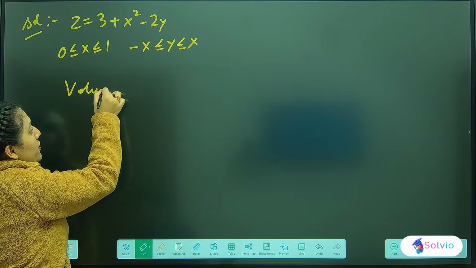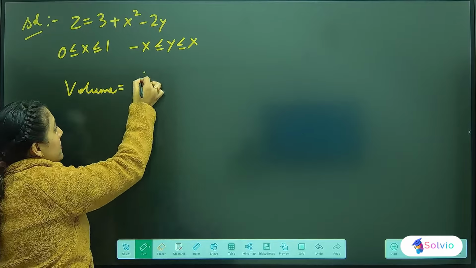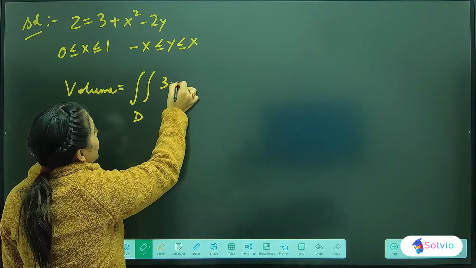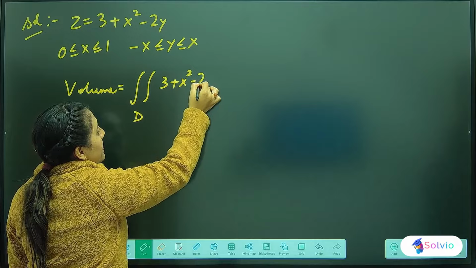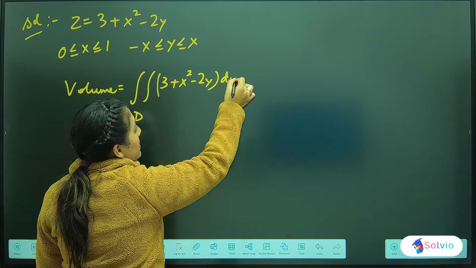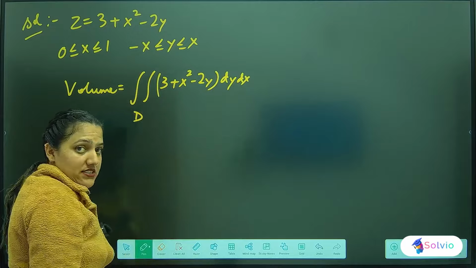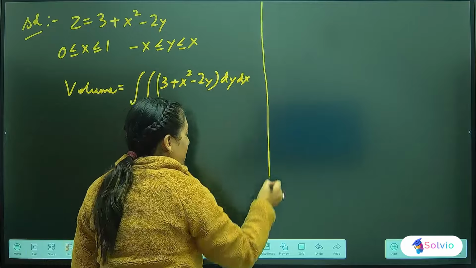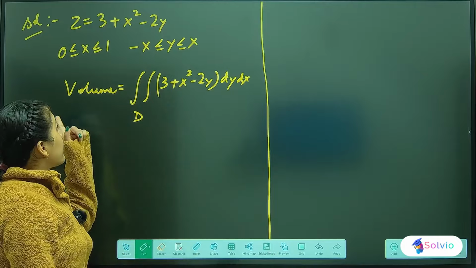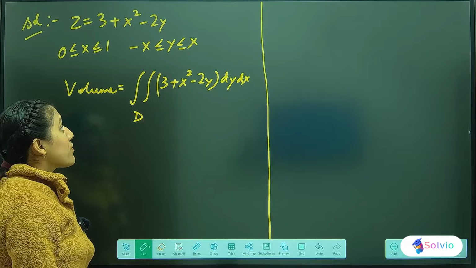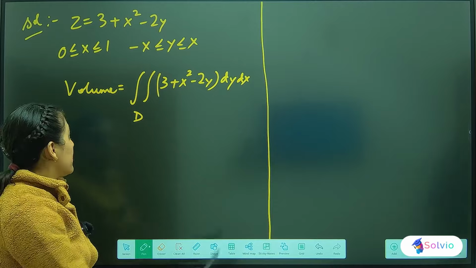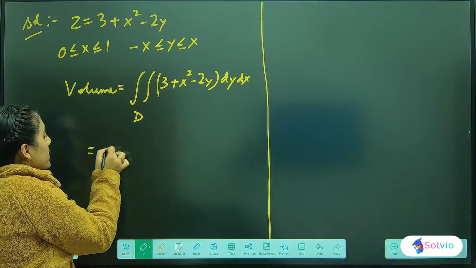Volume is equal to the double integral over the region D of (3 + x^2 - 2y) dy dx. Our region D is where x varies from 0 to 1 and y varies from -x to x, so let's put in those limits.